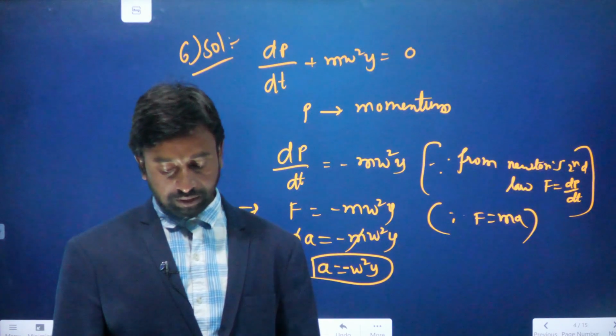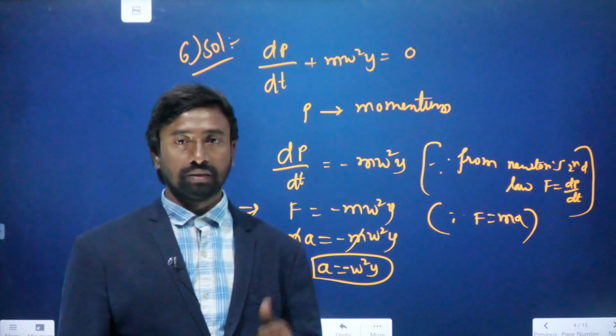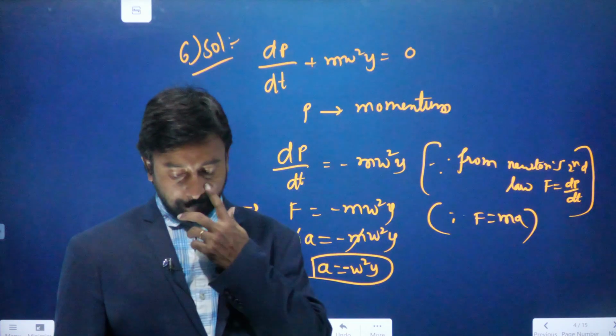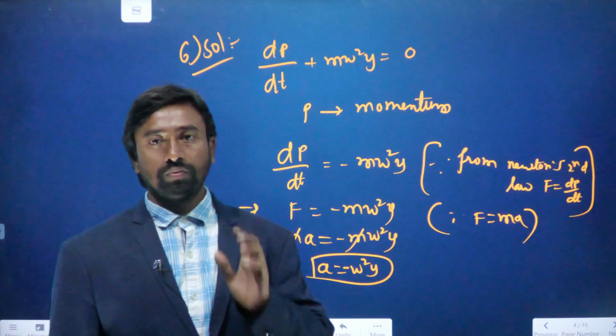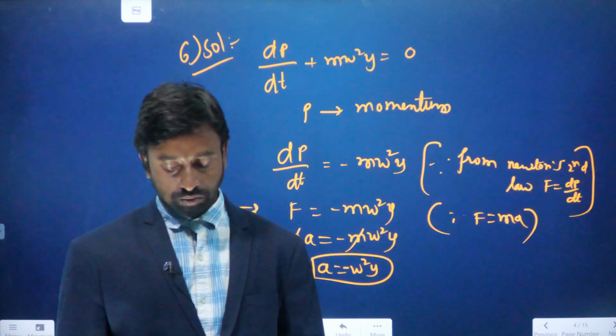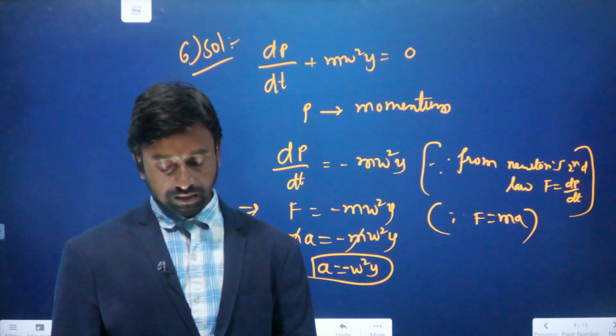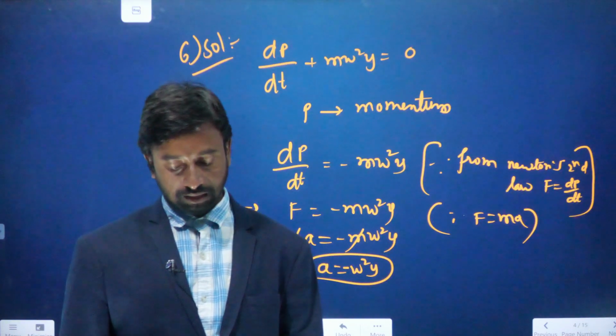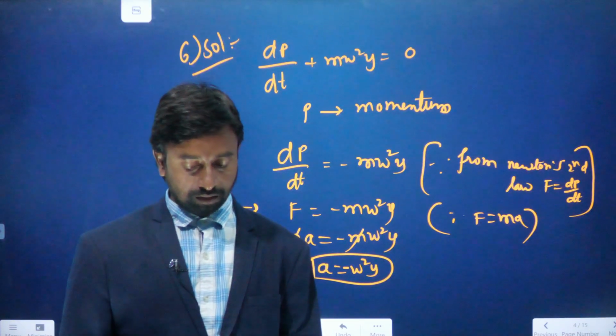They are asking the amplitude here. If you compare with the equation, generally y is equal to A sin omega t is given. So A plus B sin omega t is given, so the amplitude we can write here is B. B will be the amplitude.